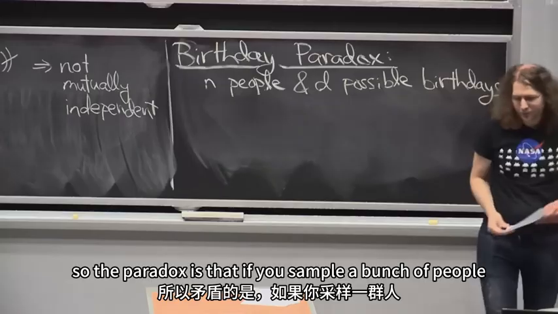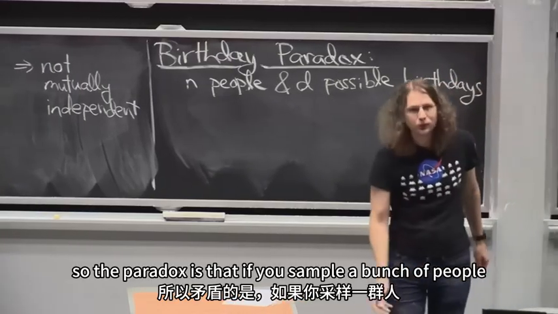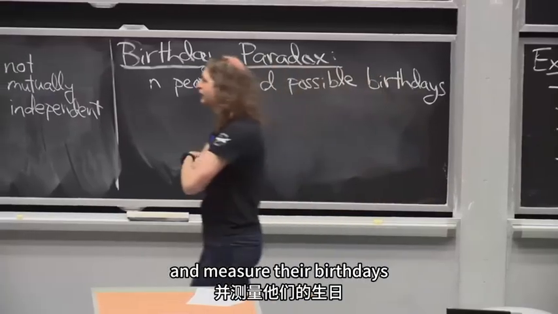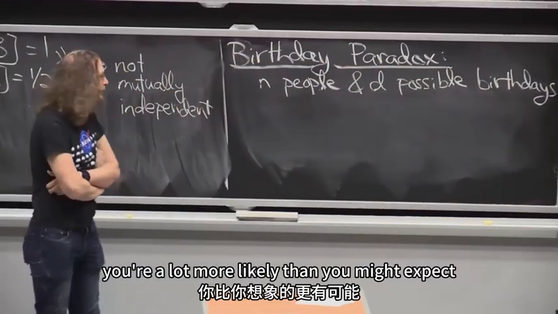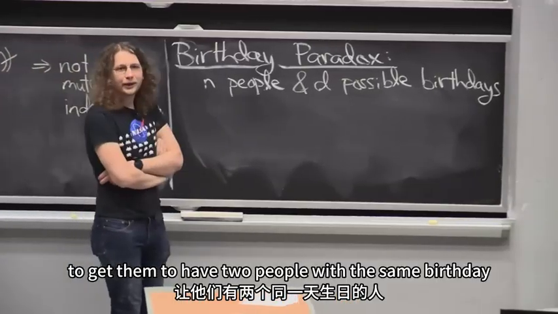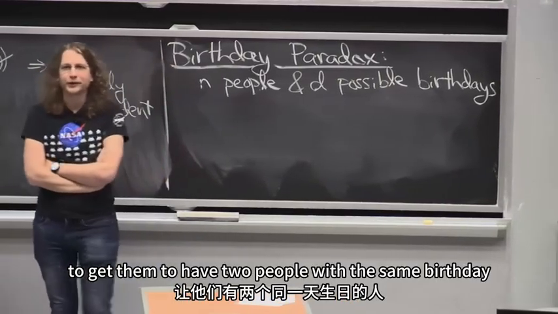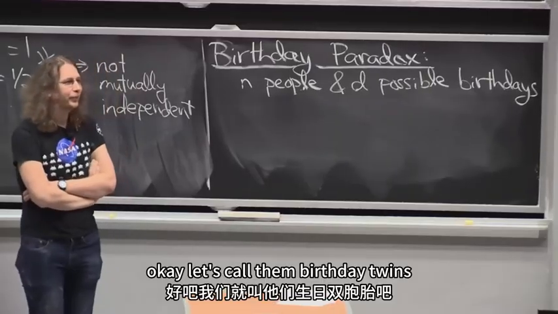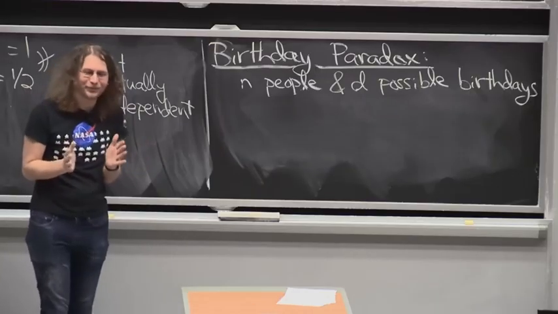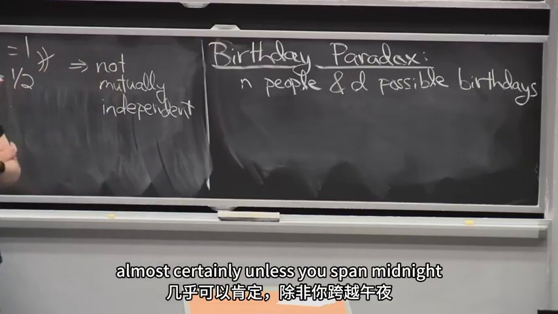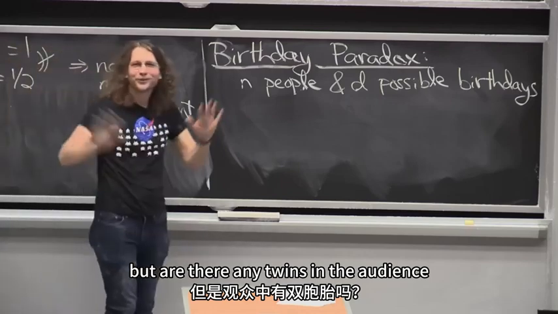So the paradox is that if you sample a bunch of people and measure their birthdays, you're a lot more likely than you might expect to get 2 people with the same birthday. Okay, let's call them birthday twins. If you're actually twins, then you have the same birthday, well, almost certainly, unless you span midnight. But are there any twins in the audience?